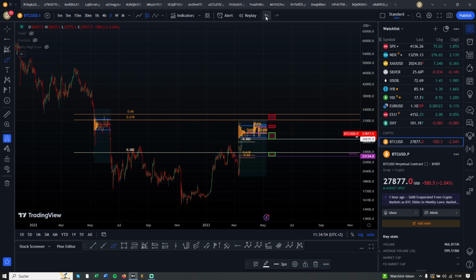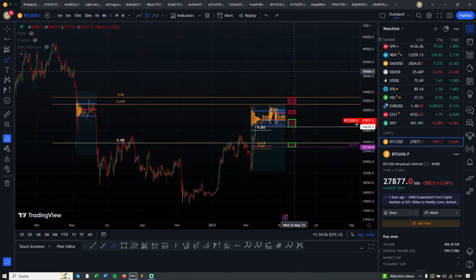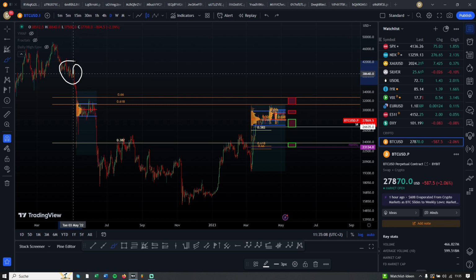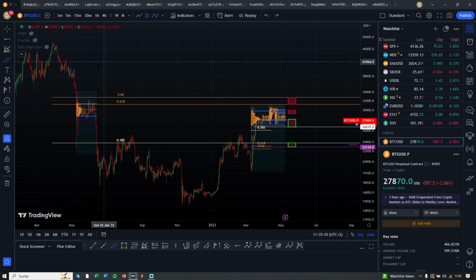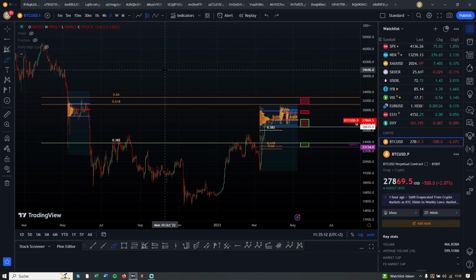And in my opinion, the next really relevant levels here are coming in between around 35k to 40k, something like this. Here we have a little bit of traction. This is the next resistance for me.